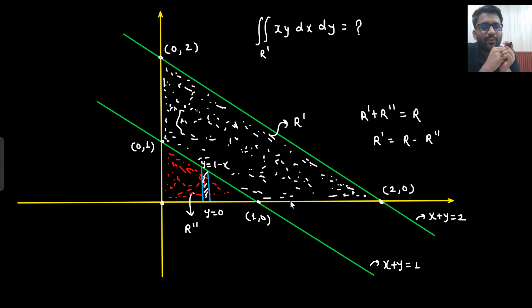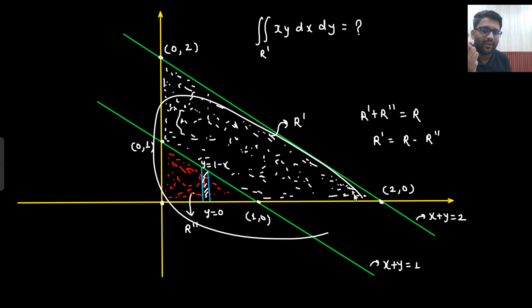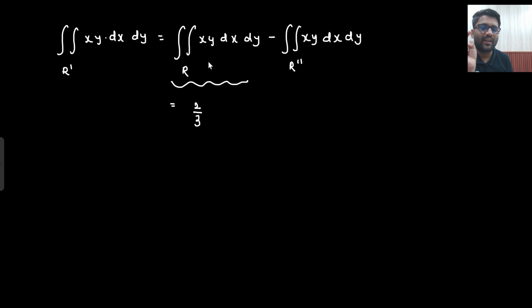It will be very easy for me to calculate, and then I can subtract it from this whole integration. In the previous question I have already calculated this whole integration, which comes out to be 2 by 3.